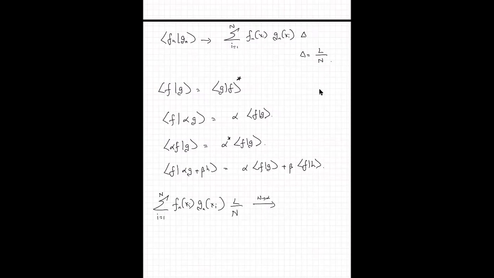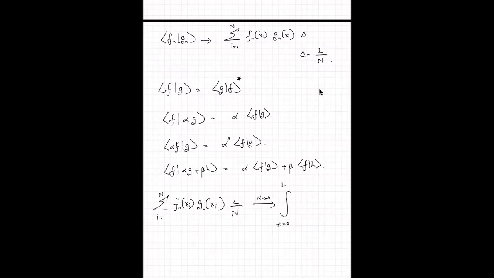In the limit n goes to infinity, what happens if I have an infinite number of points? Then a sum is not a valid mathematical operation anymore. The sum should be ideally replaced by a continuous integral over the entire one-dimensional space. So the sum i equals 1 to n transforms into an integral. The integral can be from x equals 0 to x equals L in this case.